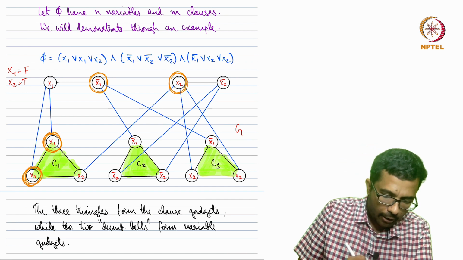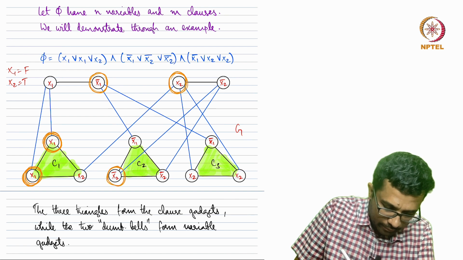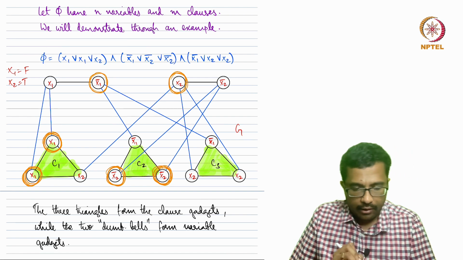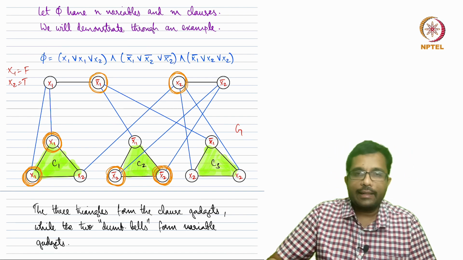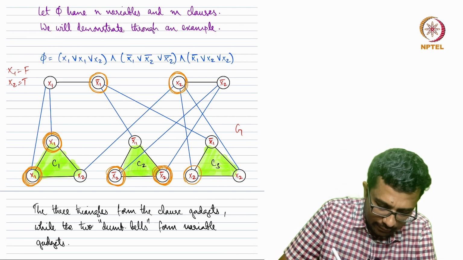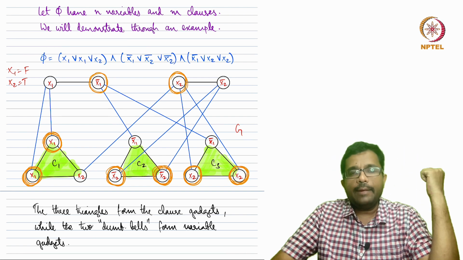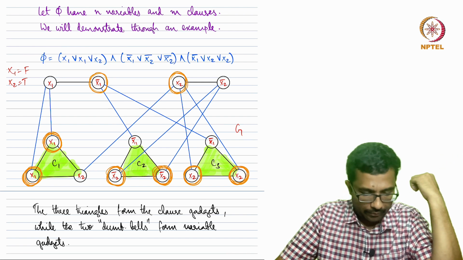In clause 2, x1 complement is a true literal, so we select the other two. Clause 3, in fact all the literals are true, but let me pick x1 complement as the true literal, and the other two are the ones that I pick. So the claim is that this constitutes a vertex cover. Let us see why.